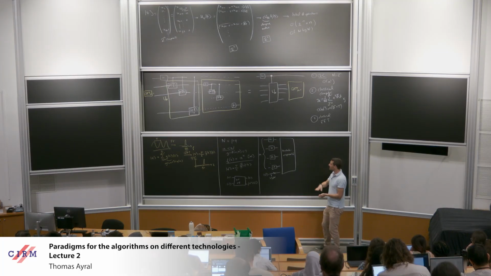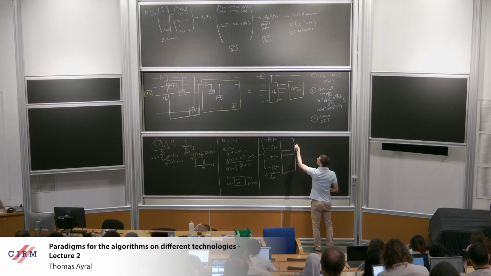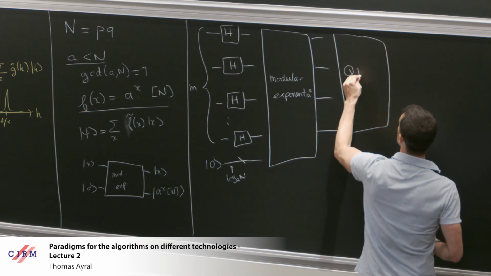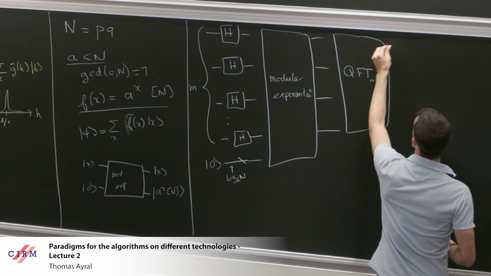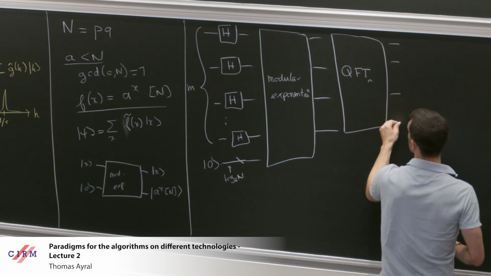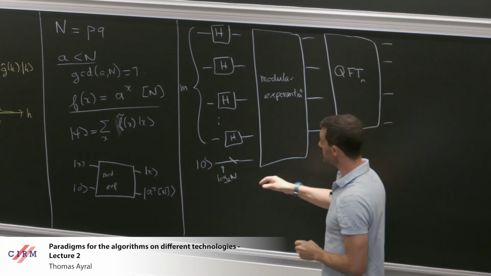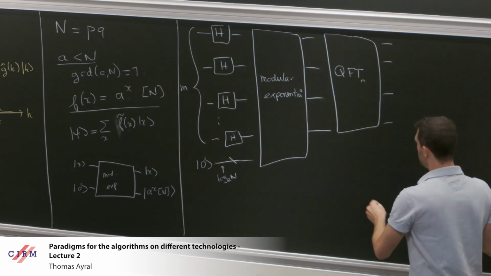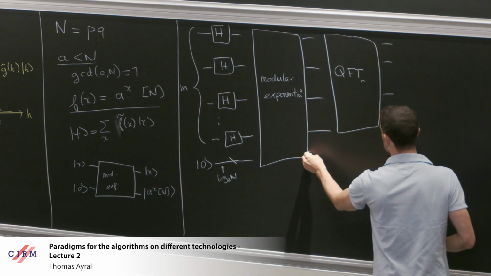Of course, there's a lot of work in this box, how to do this circuit, but it's not really what I want to focus on. But nevertheless, this is what we start with. And I want to convince you that if I do this circuit and then do a quantum Fourier transform here, then I should be able to extract the period of f, which is what I'm looking for. Okay? So let's see how it works.